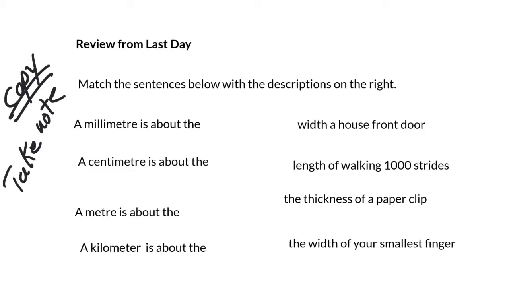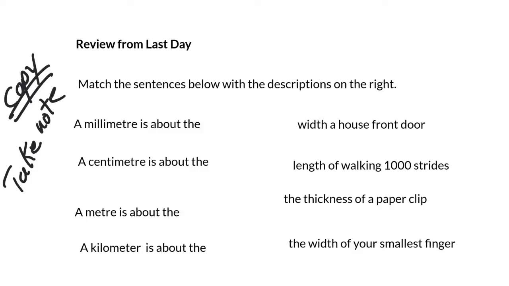All right, from last day, if you haven't done the work from last day, I'd suggest you go back and make sure you do section 2.1, the measurement comparison, i.e. looking at things that are different lengths and figuring out which unit we're going to use for them. Now for this next problem, I want you to match the sentences below with the descriptions on the right.